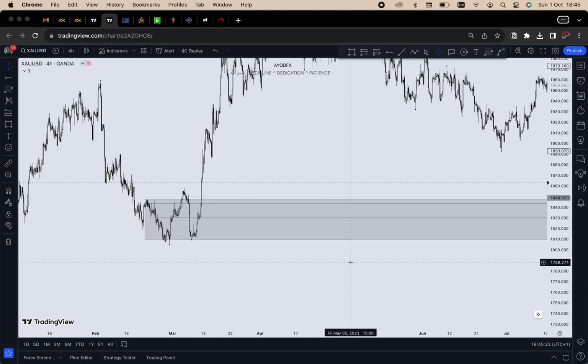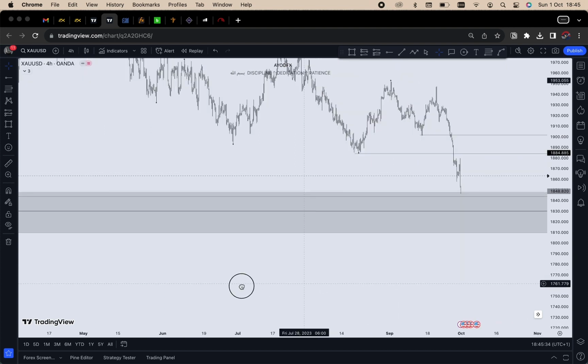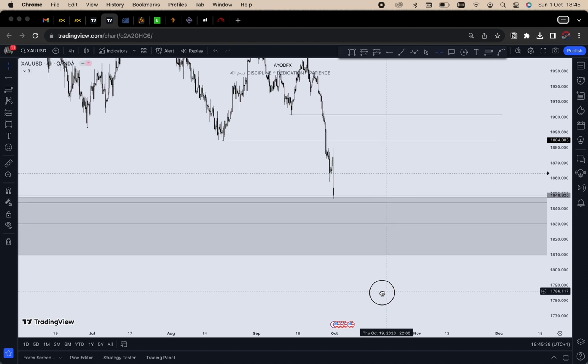So within the weekly demand zone, we might be looking at this level. We might not take the trade directly from this level, but price might get to this level and give us an intent to buy.